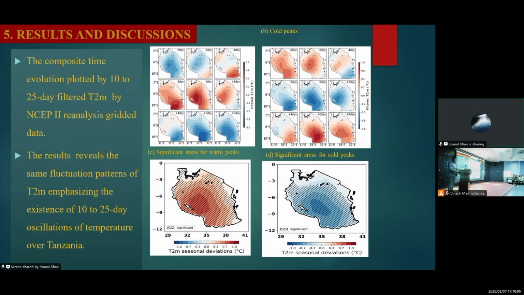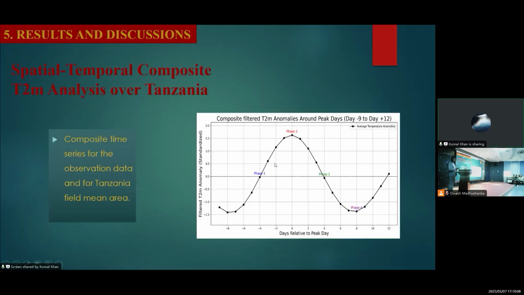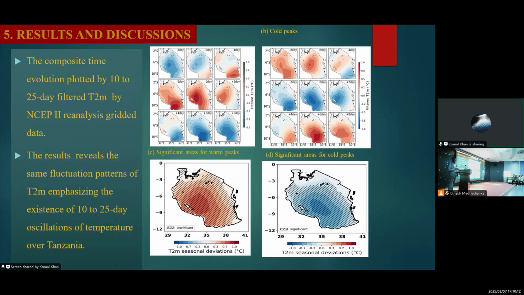Now, the same as this figure, but in spatial form. We have this spatial time evolution. As you can see, we did it using both the warm peaks and the cold peaks. Using warm peaks, we can see at day negative 8 we have relatively cold, while at day 0 we have relatively warmer, and at positive 8 we have relatively cold.